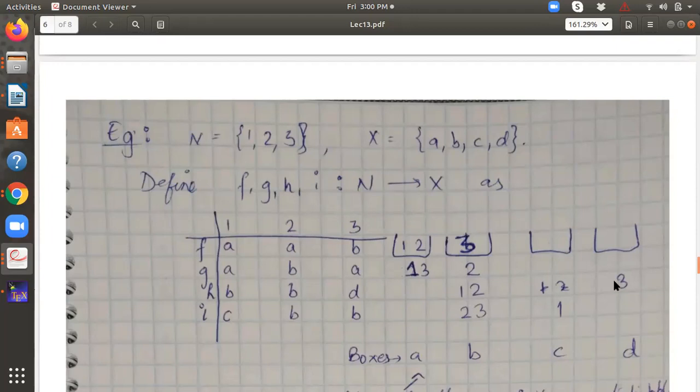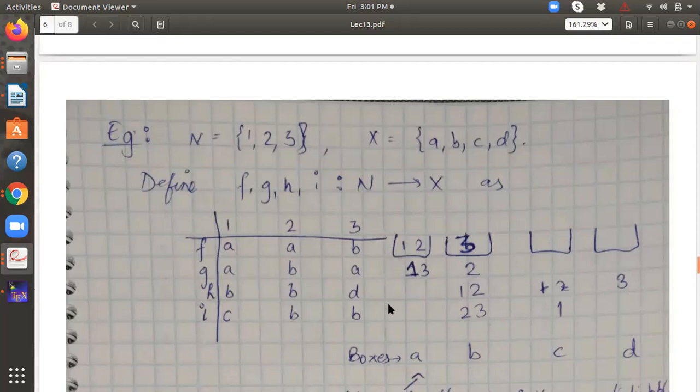But you understand the thing here, no? So my function H sends ball 1 and ball 2 in the box B, ball 3 in the box D, and boxes A and C are empty. Similarly, when you deal with the function I, it is sending ball 1 to the box C here, and now ball 2 and ball 3 both come to box B. So here. Fine.